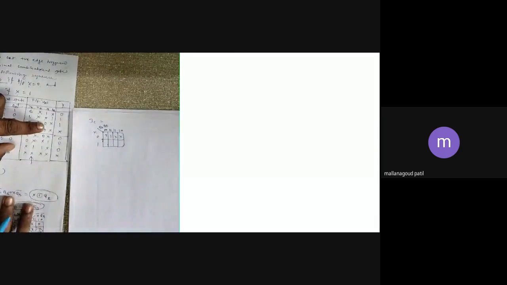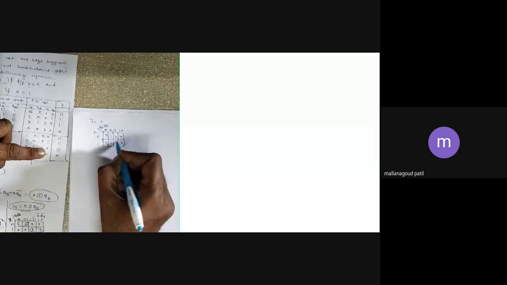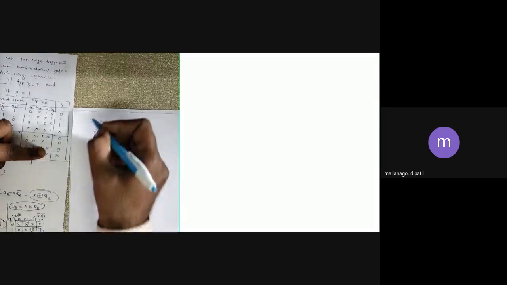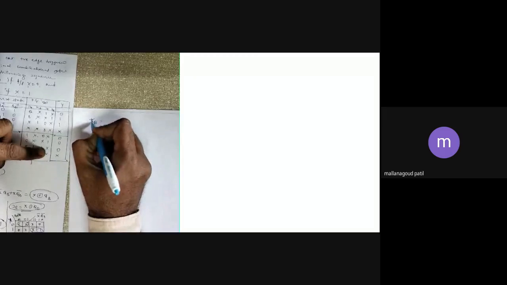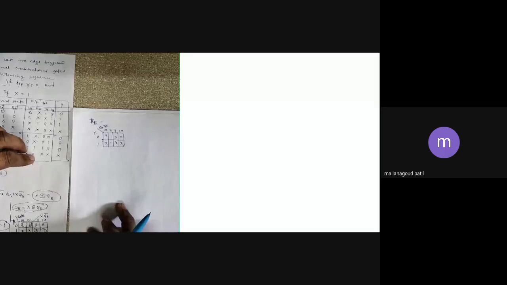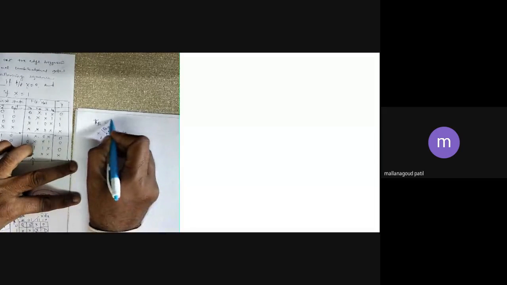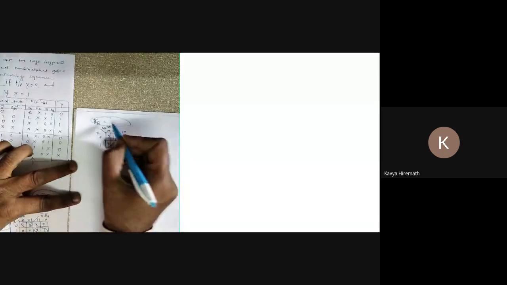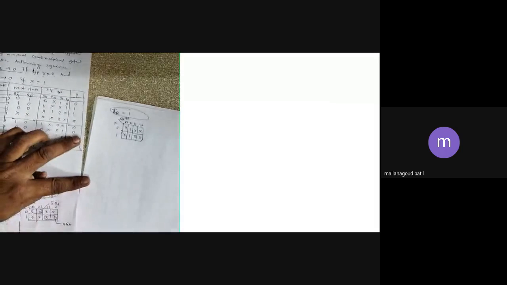And what is the next? X1 XX, same. Sorry, you have to write JB. No, sorry, this is KB. It should be KB. What is the value of KB? 1. Because all cells are either 1 or a don't care. Directly 1 you have to write.